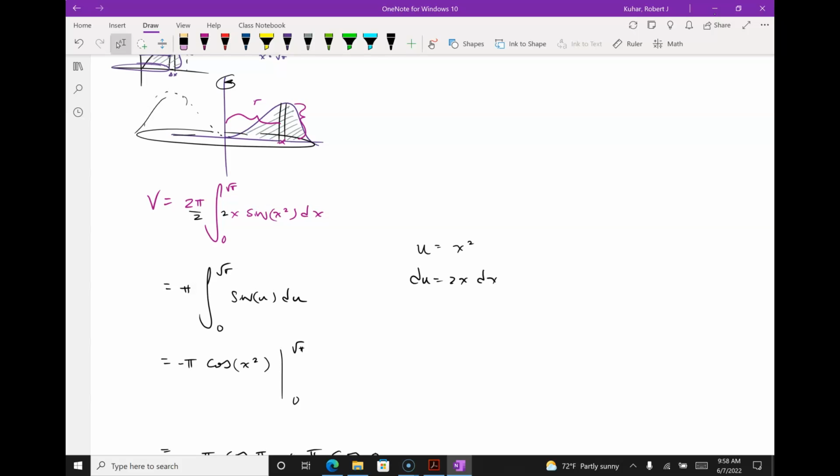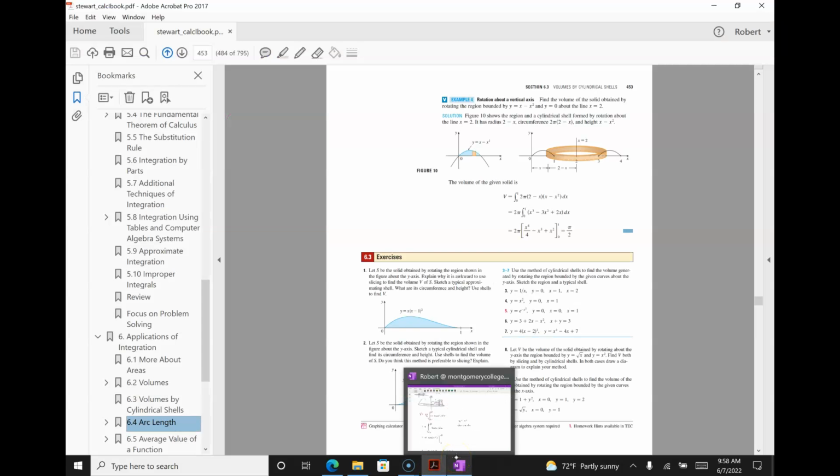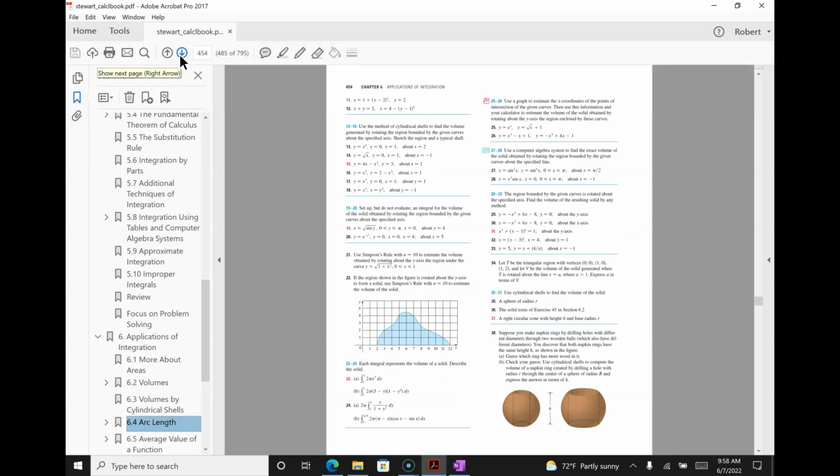Again, the setup could be difficult. The integrals in the book are easy, right? Nice.